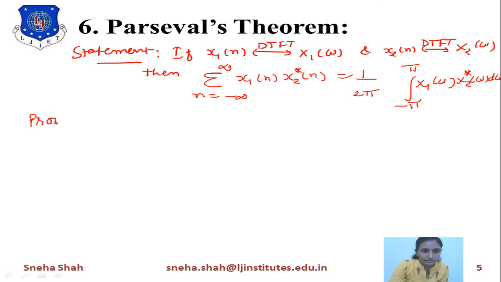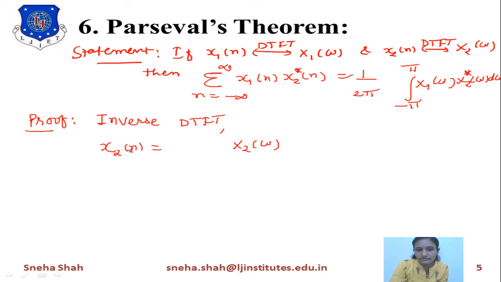Now if you want to prove this property, then in the proof we can write that we will start from the equation of inverse DTFT. Now we will take the inverse DTFT of x2 of n. So from the value of x2 of omega we will find x2 of n. Now what should be the equation of inverse DTFT?